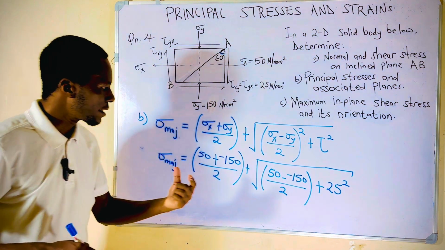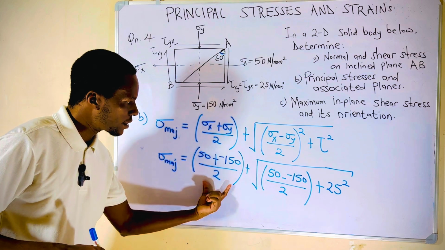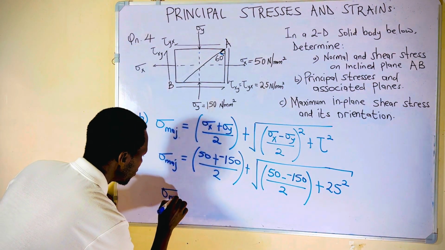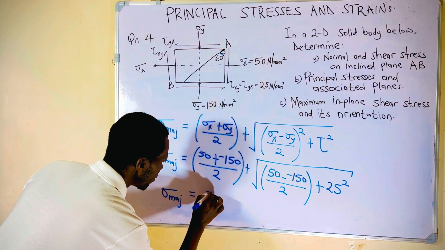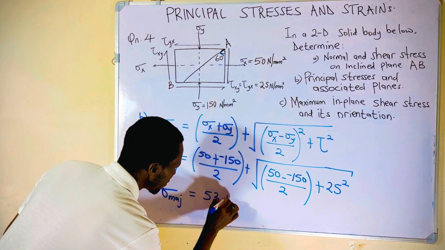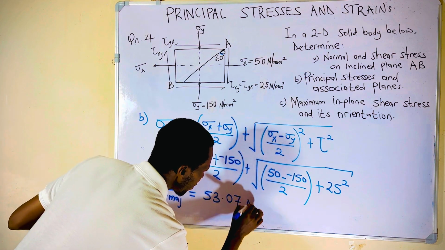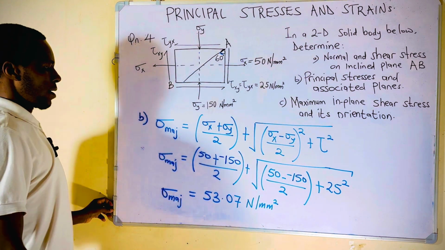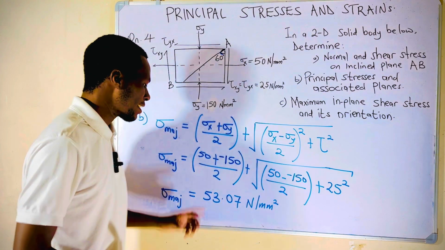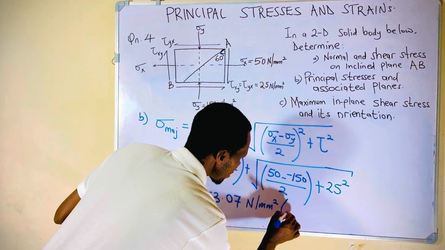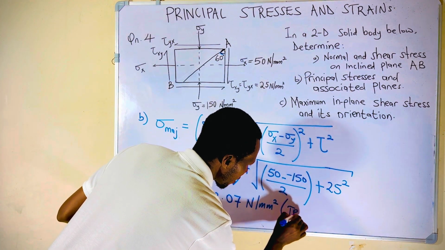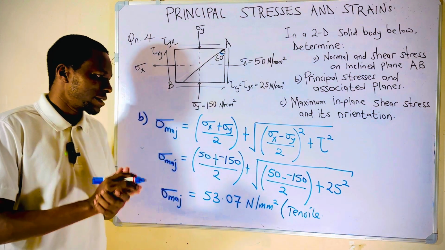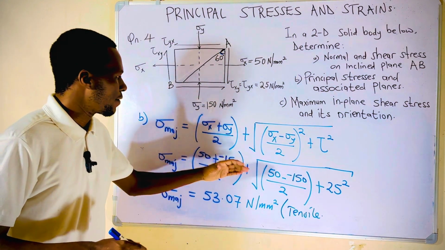If you feed this inside your calculator, the value of this plus the value of this, sigma major is equal to 53.07. The unit is Newton per millimeter square. So this is the value we have obtained and it is positive. That means it is tensile. If we get negative, it means it is compressive. So we're done with the first one.